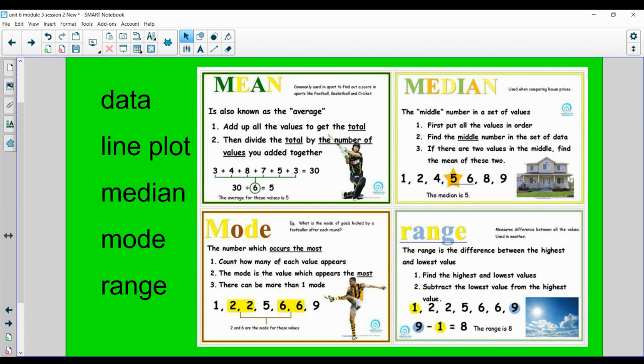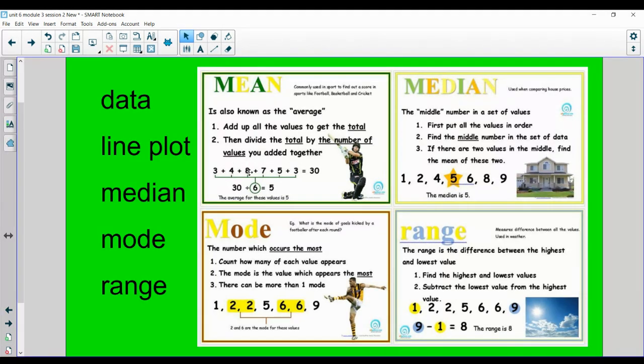So these other terms, though, I'm going to jump up to this one here where it says mean. And so mean, it says, is commonly used in sport to find out a score in a sport like football, basketball, or cricket. And so mean is another word for average. You may have heard of things like a batting average or your average score for something. And so the way that you do that is that you add up all the numbers that you have in your data.